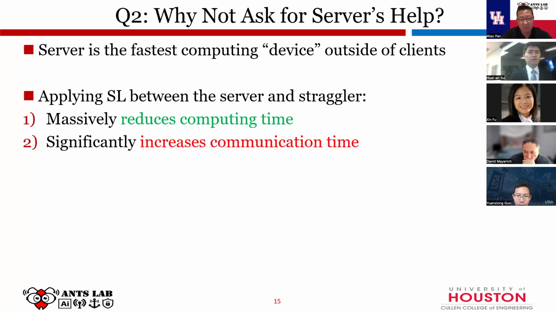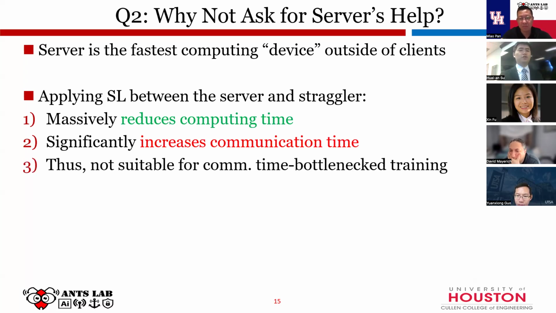Secondly, it will significantly increase the communication time. The reason is that split learning involves constant transmission of the smashed data, and it consumes a lot of communication time. Thus, this sort of work is not suitable for communication-time-bottlenecked training.